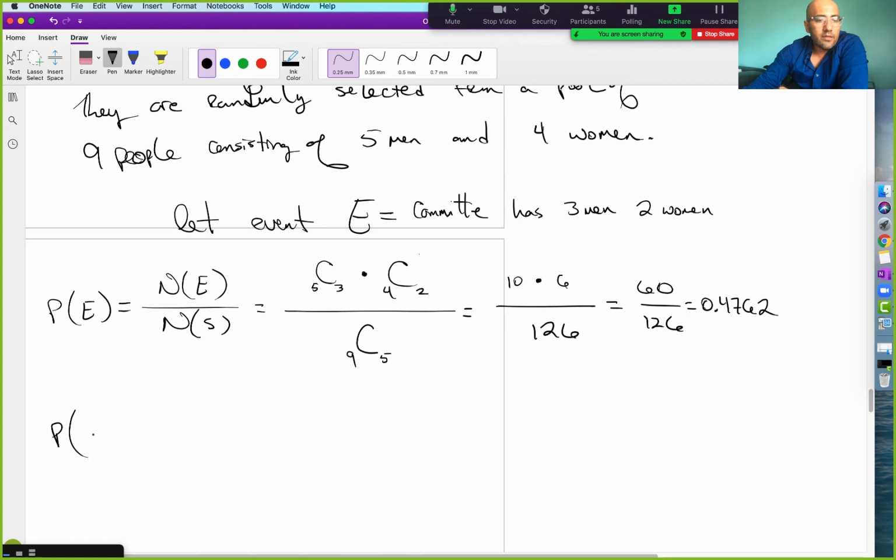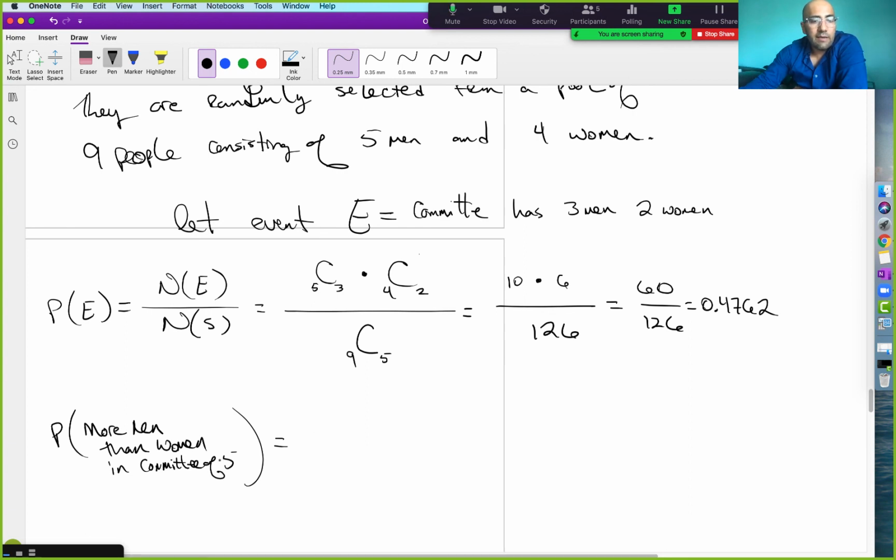Let's find the probability that there are more men than women in a committee of 5. Right? Okay, well that's going to break down into little subcases.